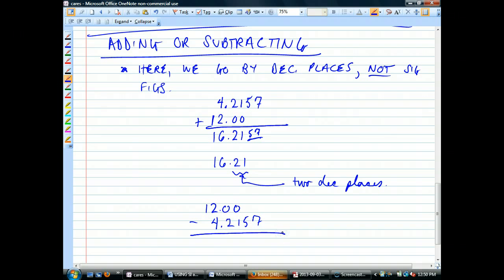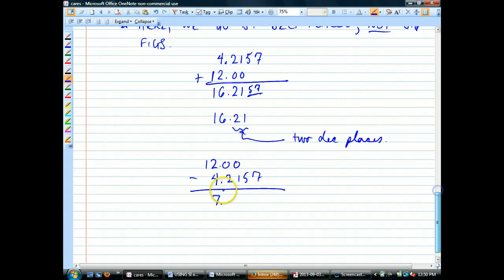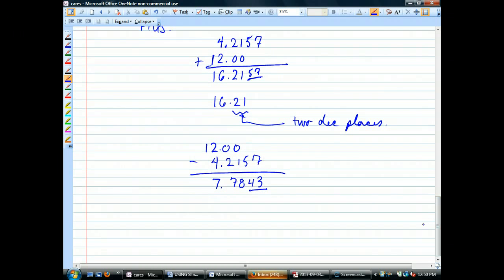If I got 12 minus 4.2157, I get 7.7843. Those are not significant, but I'm going to write them down when I first do this, just in case I needed to use this number again in another calculation, I would want to use those digits. But if I'm expressing this as a final answer, then I'm going to write 7.78.